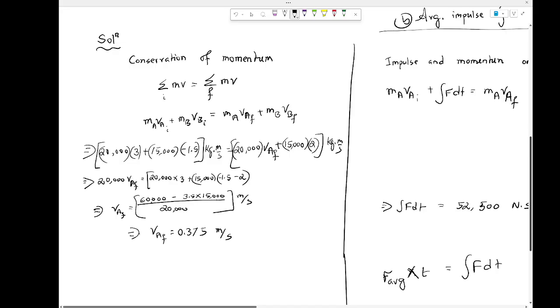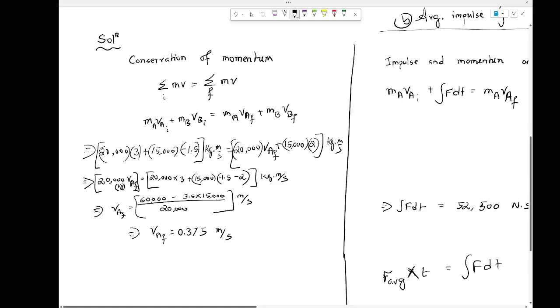If I write the units here, it's the same as kg meter per second; this one is only kg. If you do the math, it should come out to 0.375, which clearly tells the direction.